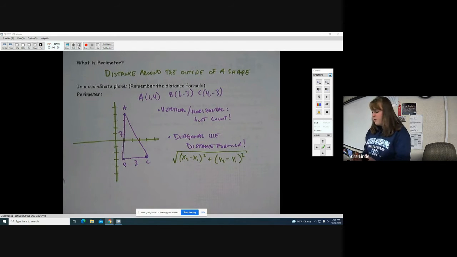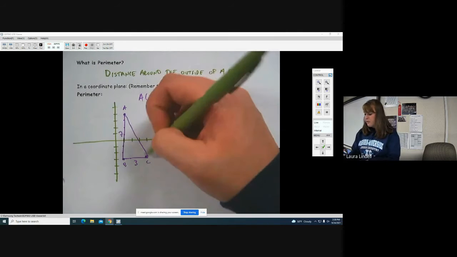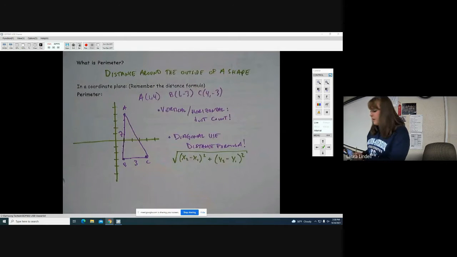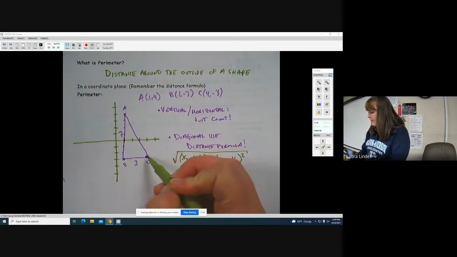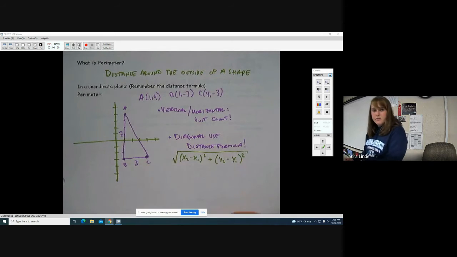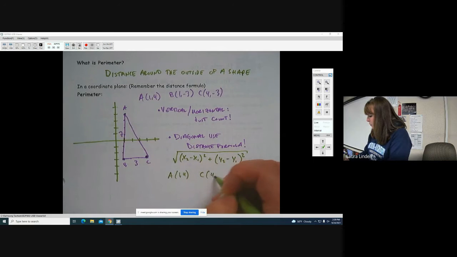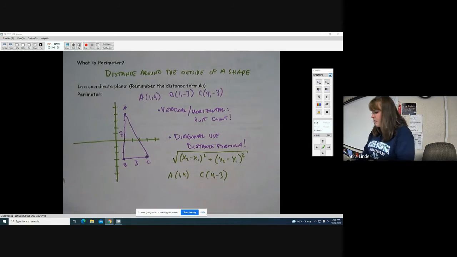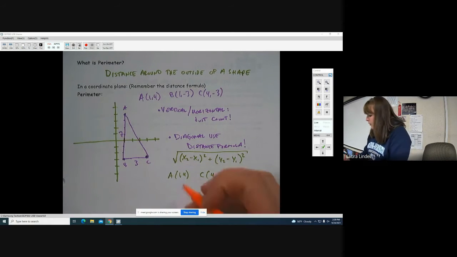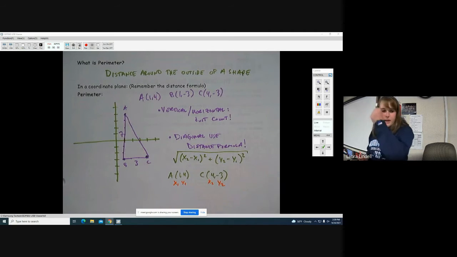All right, so in this case, we only have to do the distance formula one time because there's one diagonal side. And I have to do it with points A and C. I need to know the distance between those 2 points. A was (1, 4), and C was (4, -3). So we're going to label our points x1, y1, x2, y2, and plug them into the distance formula.